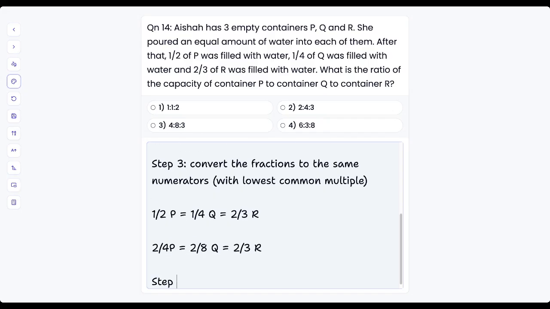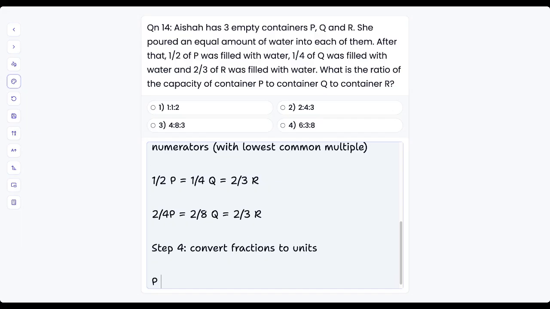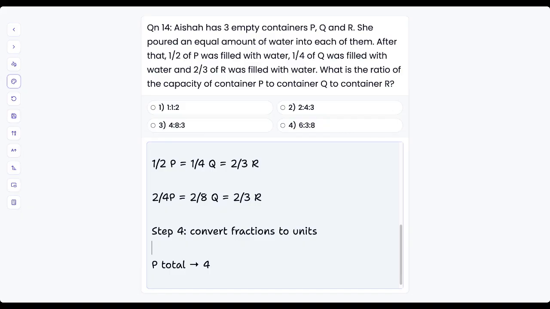The last step, step 4, convert fractions to units. So basically how do we convert fractions to units? The denominators are the total, in this case the capacity.